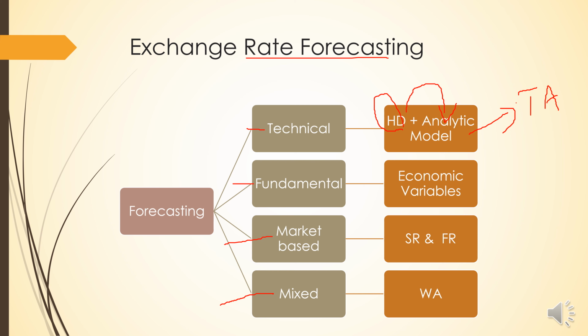Fundamental forecasting uses economic variables to define the exchange rate, but this also has its downside: there are certain things that cannot be quantified, and sometimes the impact of certain economic variables may be understood in a different way than how it actually works. In market-based forecasting, it uses the rates already available in the market, like spot and forward rates, and they build their price models based on these prices.